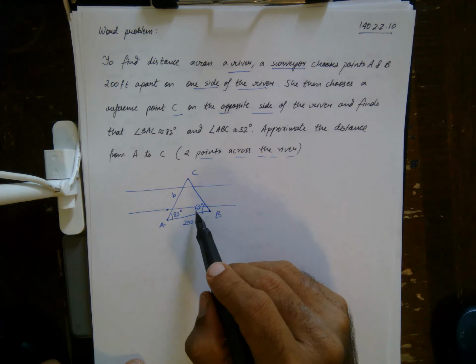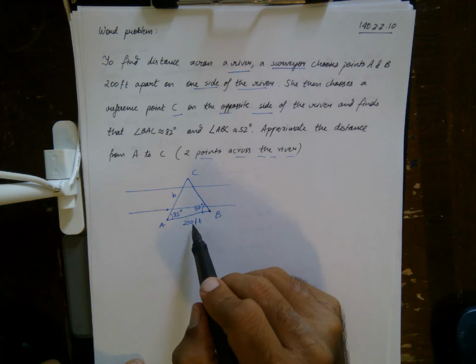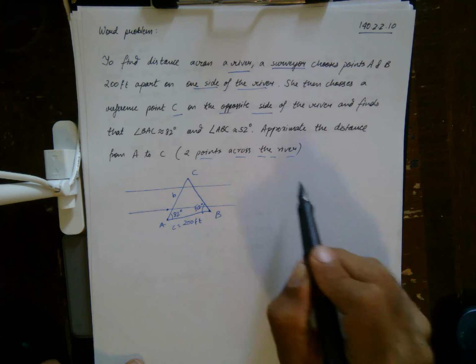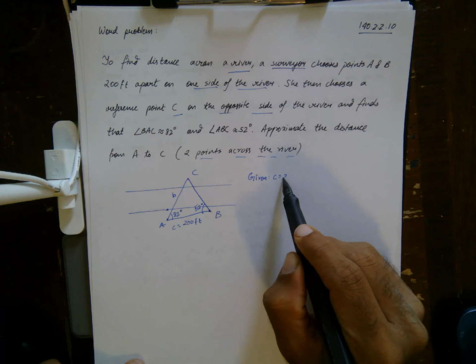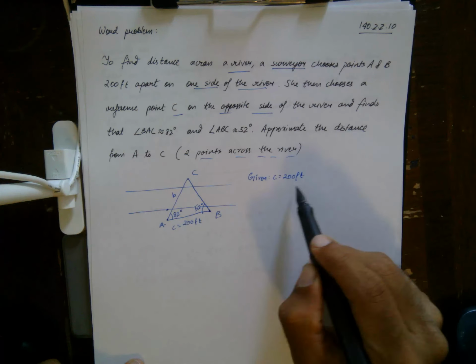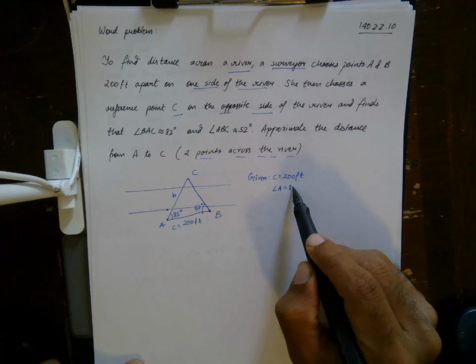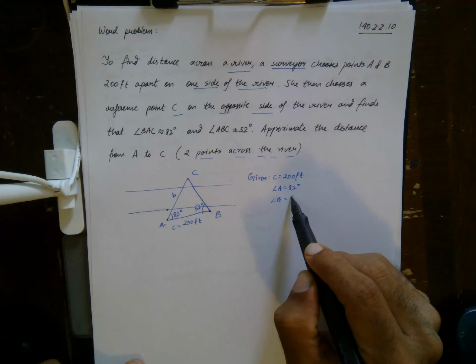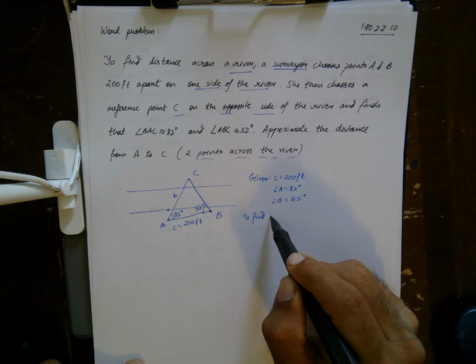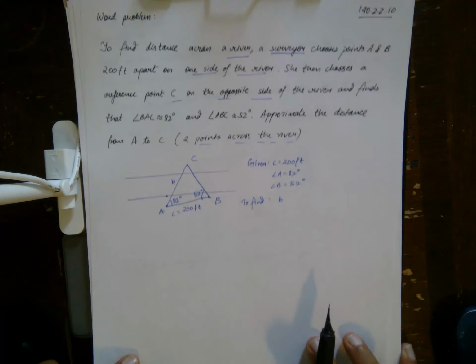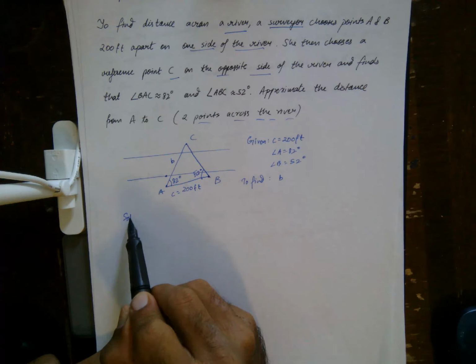Okay, so what we got here, we got side C. Let's list down what's given to me: the side C, angle A, angle B. What I need to find is the side B. So let's do the easy part first.